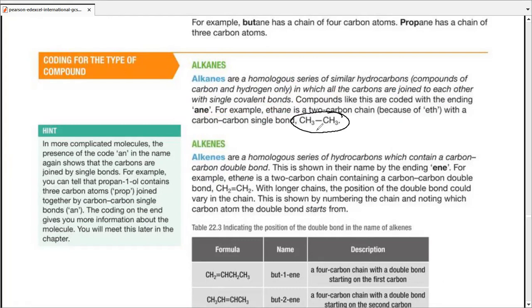How do we come up with the structure? Let me explain a few very simple steps to come up with the structure from the name. As soon as you read the name eth, you instantly know that there are 2 carbon atoms involved. The second part of the name was ane. Ane represents alkane, and alkanes are singly bonded.